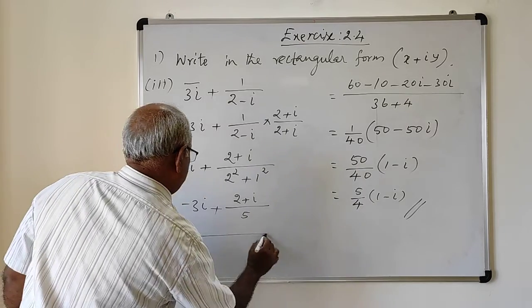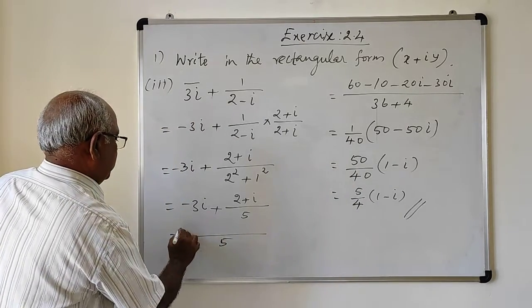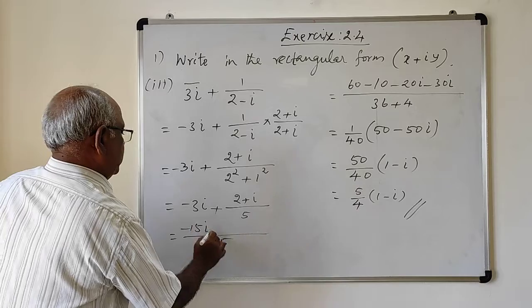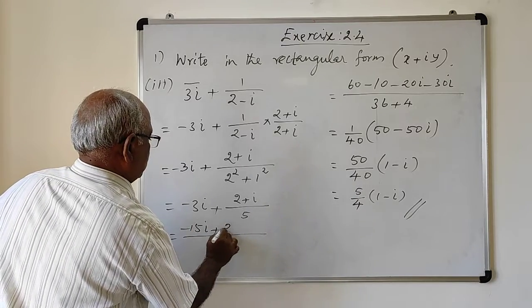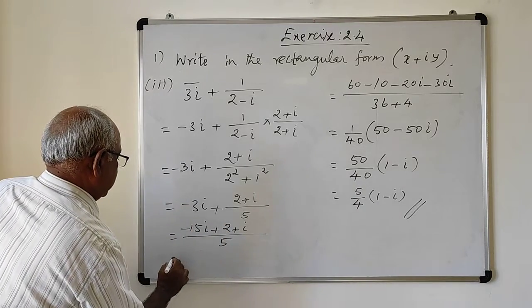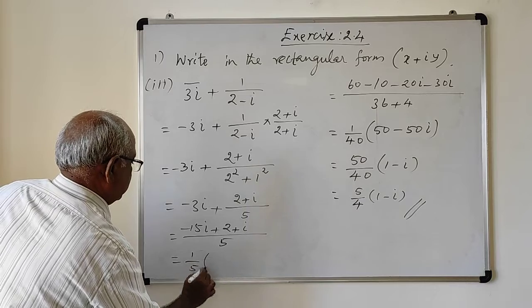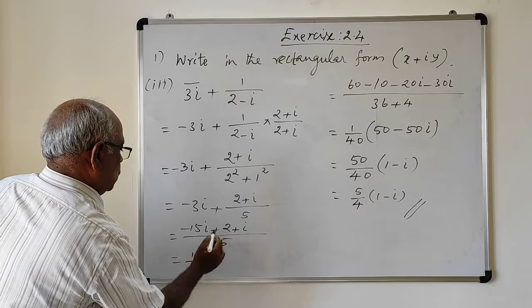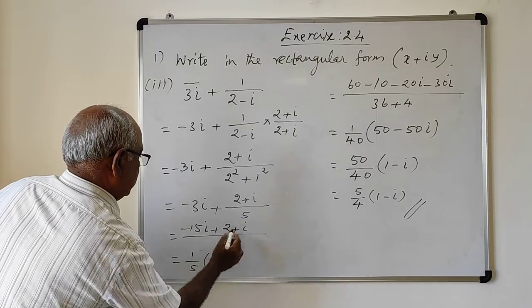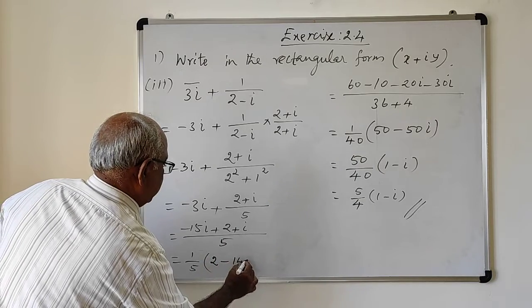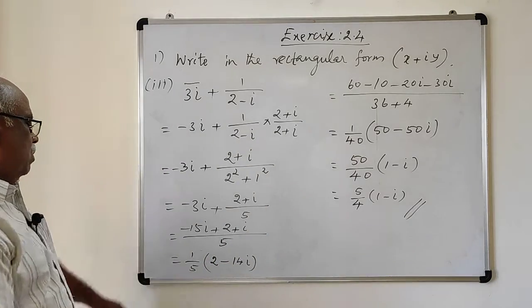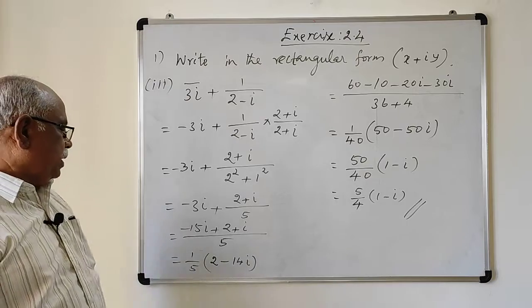Taking LCM 5, 3 fives are 15, so minus 15i plus 2 plus i. That is 1 by 5 into 2 minus 14i.